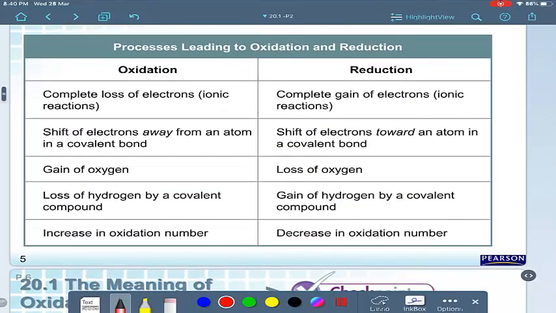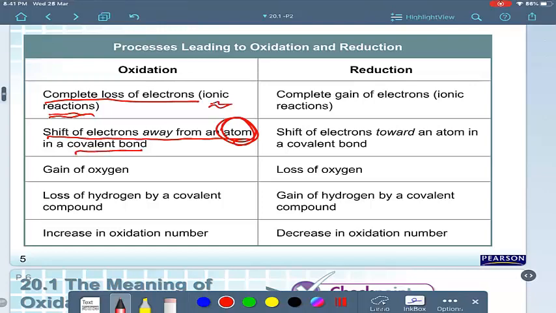We have different meanings here for oxidation and reduction. If you have an element or molecule, any of them, that has a complete loss of electrons, even in an ionic reaction, it's oxidation. But if it's not an ionic compound or reaction, but what happened is shifting electrons away from the atom, it means the molecule is in a covalent bond.